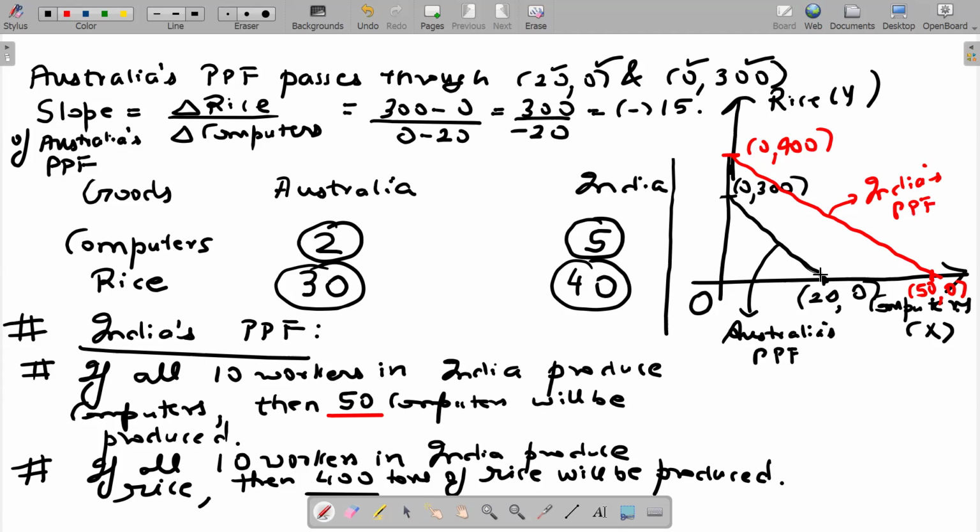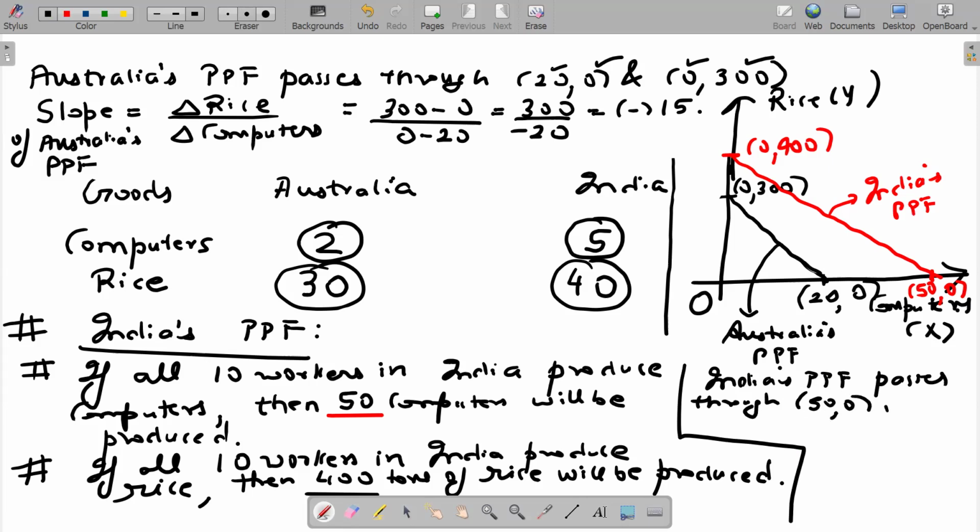Okay, what is the slope of India's production possibility frontier? So I can first of all write that India's production possibility frontier passes through which points? 50, 0 and 0, 400.